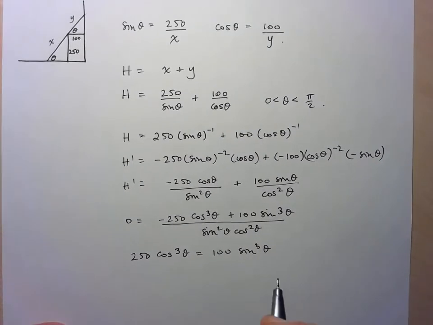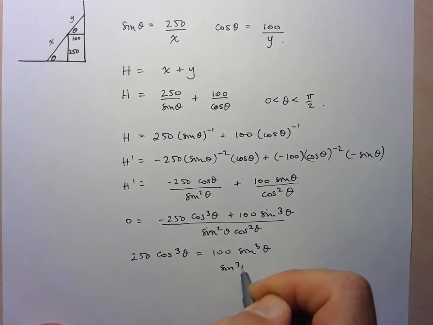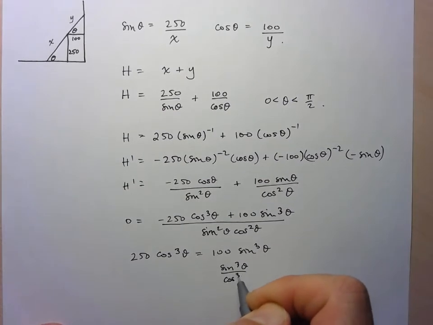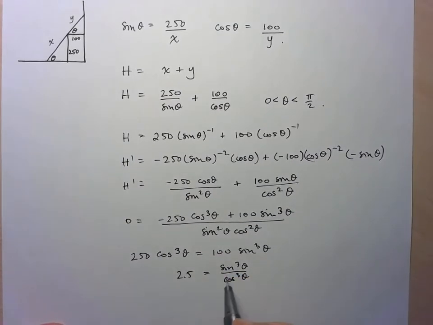Now, you might wonder why would I just bring it to the other side? Well, because with cos cubed and sine cubed there's not really too much I can do. But if I divide by cos cubed, I end up with sine cubed theta over cos cubed theta. And here, let's divide 250 by 100 on the other side, so 2.5. But this is just equal to tan cubed theta.